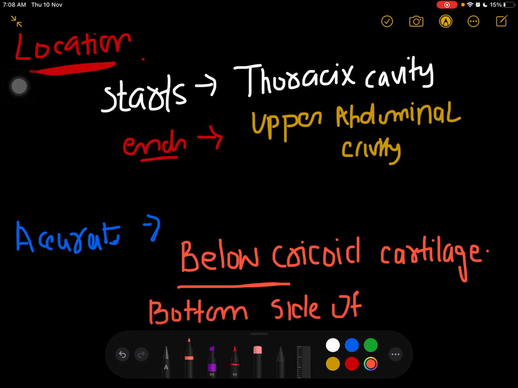Now what is the cricoid cartilage? The cricoid cartilage is actually a ring-like cartilage of the larynx. So after the larynx, the trachea will open.